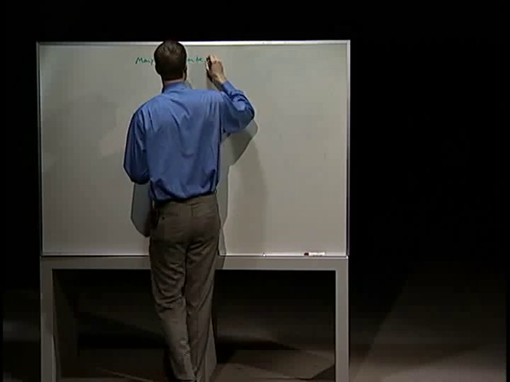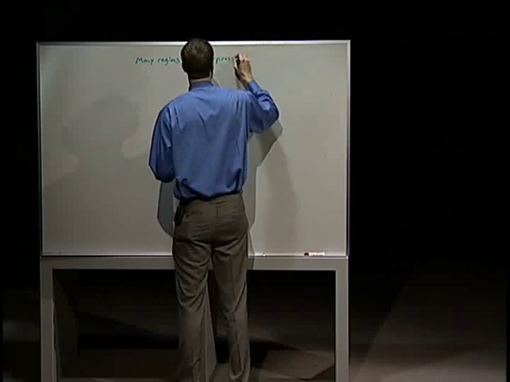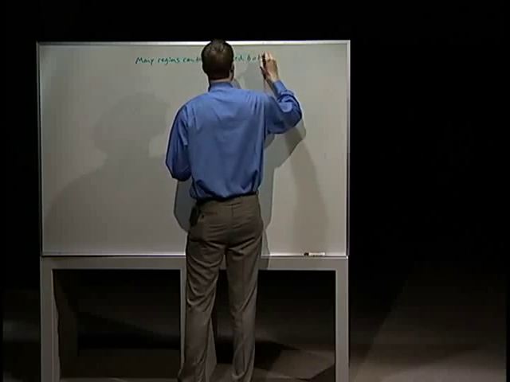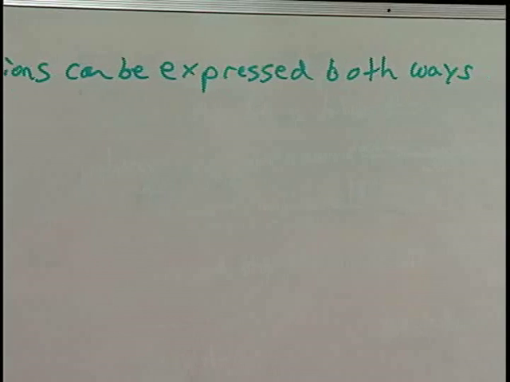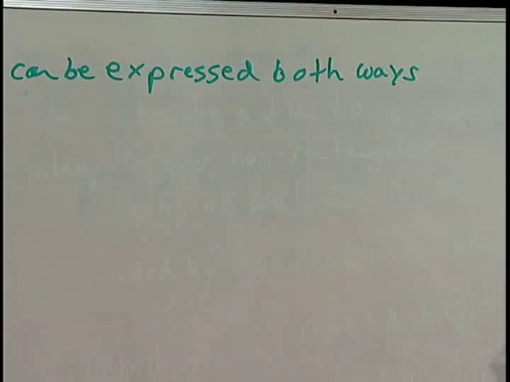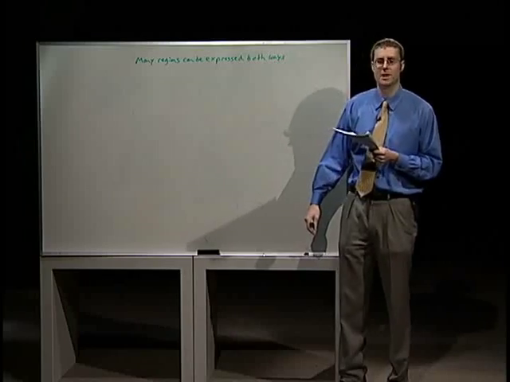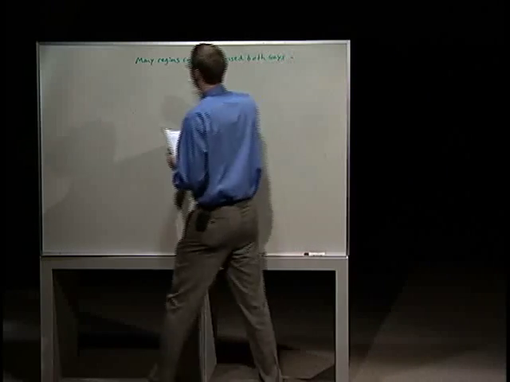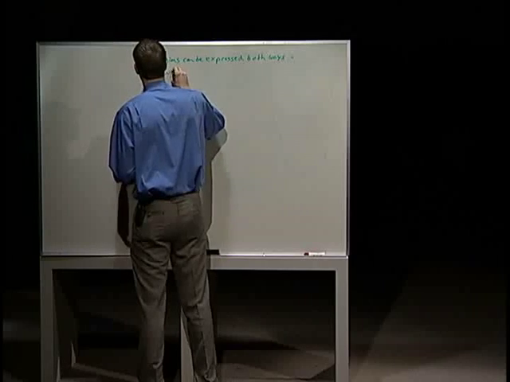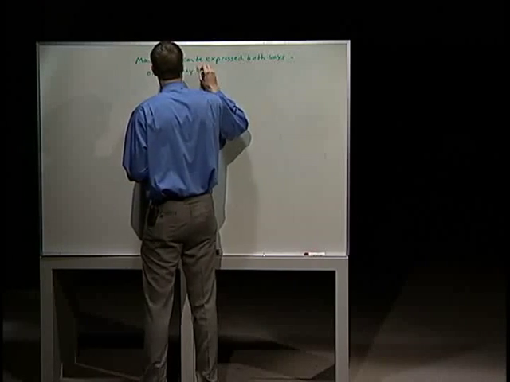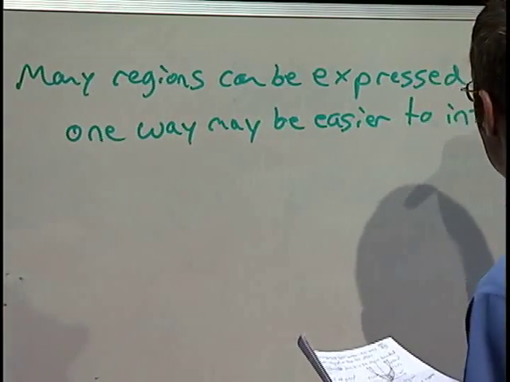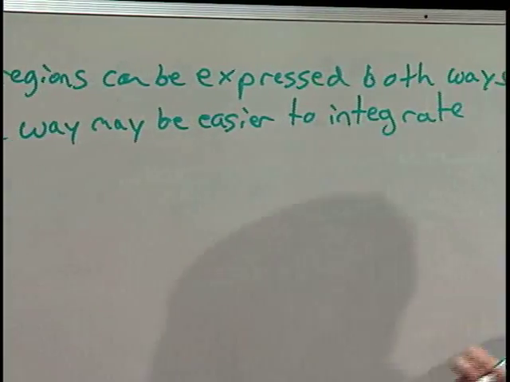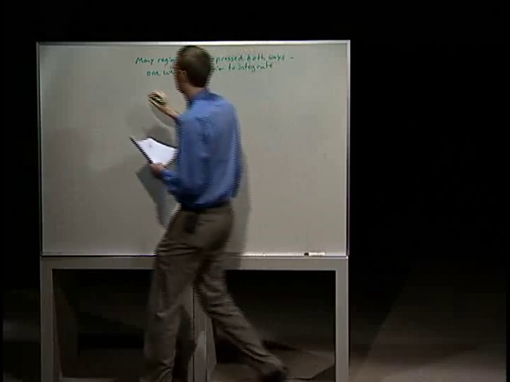But as we all know, unlike taking derivatives, doing integrals can be very hard depending on what functions you're integrating. So expressing it one way or another may lead to an easier integration. And of course, both ways will give you the same answer because they're the same region, right?